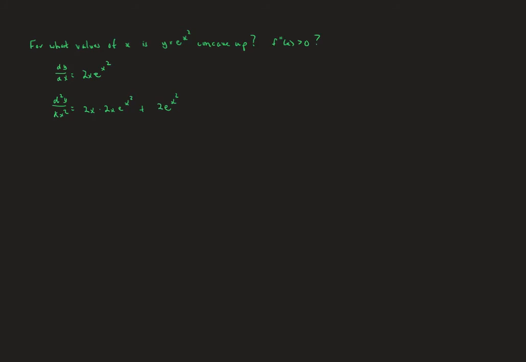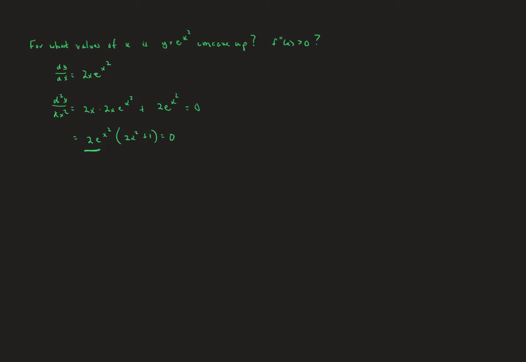And we want to know first where this is 0 so that we can then figure out where it is positive. So let's factor out a 2e to the x squared, and that will leave behind, I believe, a 2x squared plus 1. So our exponential, 2e to the x squared, is always positive, never 0.